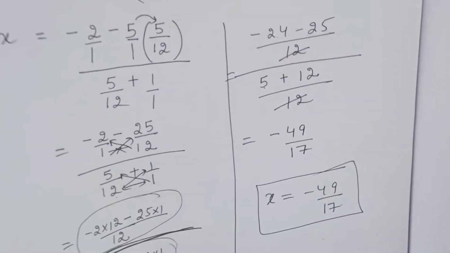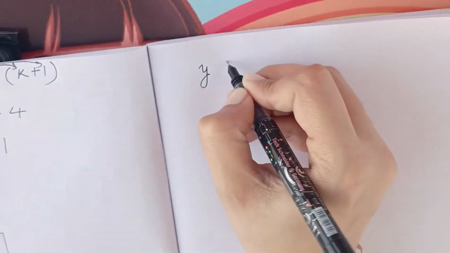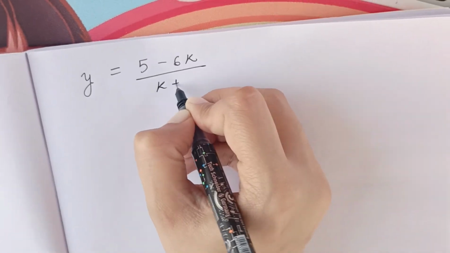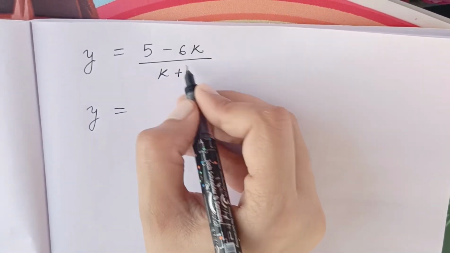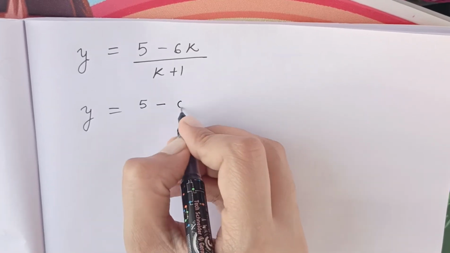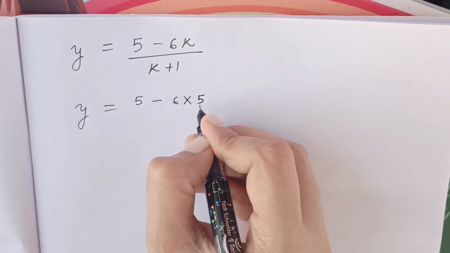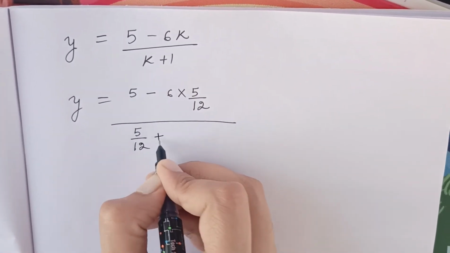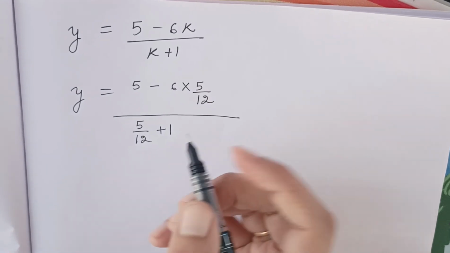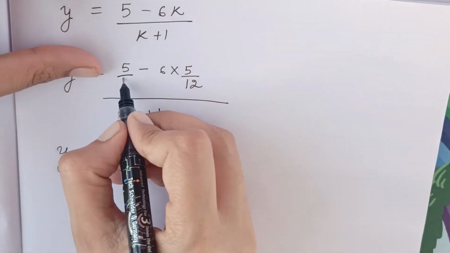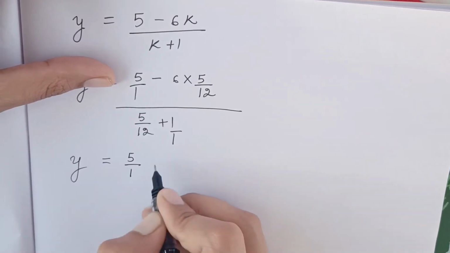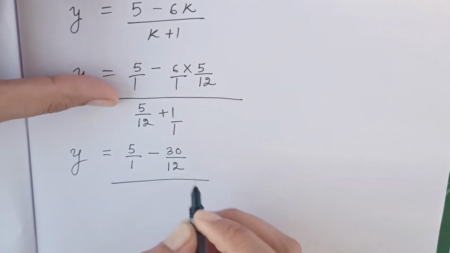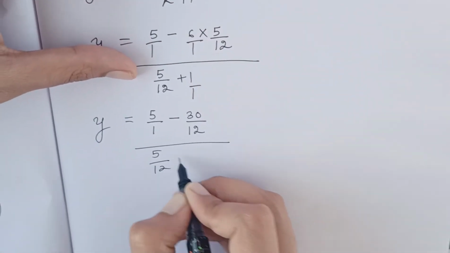In the same way, now we will solve for y. The value we calculated is 5 minus 6k upon k plus 1. Again I will substitute the value of k: 5 minus 6 into 5 by 12, upon 5 by 12 plus 1. Writing 5 as 5 by 1, y is equal to 5 by 1 minus 6 into 5, that is 30 by 12, upon 5 by 12 plus 1 by 1.